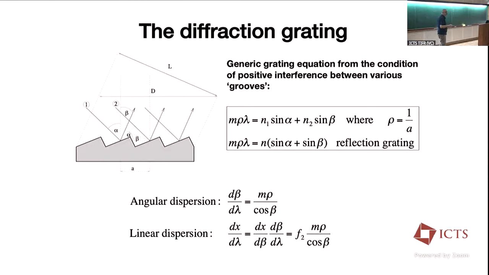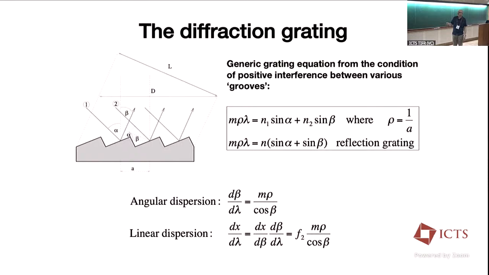Beta is the output angle. That's the angular dispersion that you get. How much does the angle change as a function of wavelength? It's not zero, there is a dispersion.